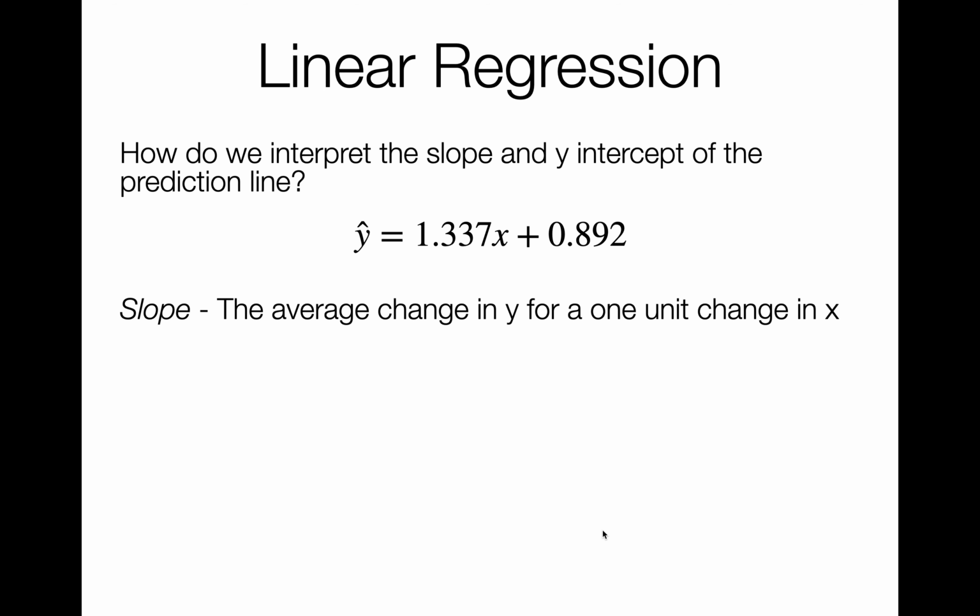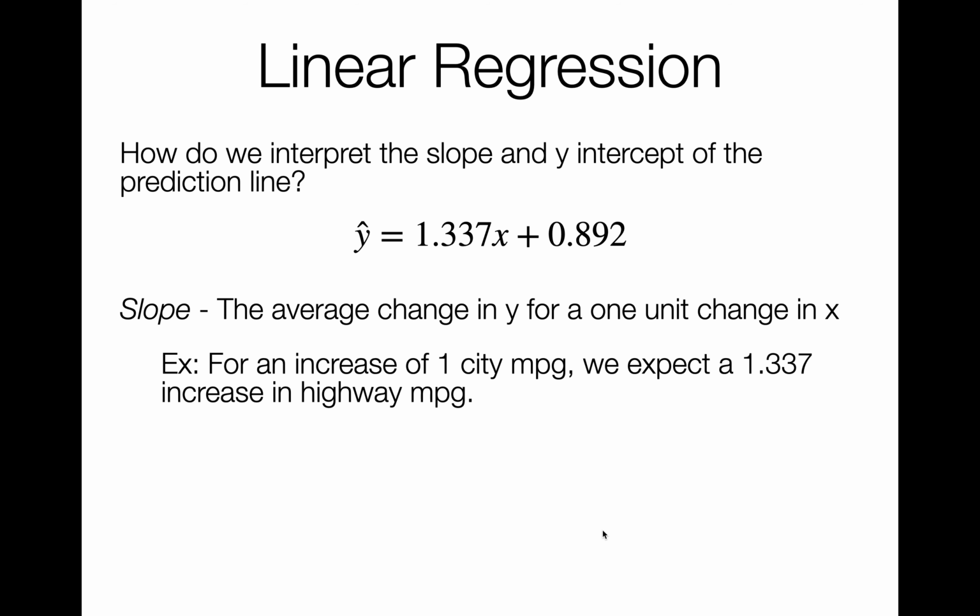Okay, so I know that was a long explanation. Hopefully that didn't make it more confusing than it already is. The takeaway here is use the word average. It is important. Okay, so for a 1 increase, what does it mean in terms of this problem?